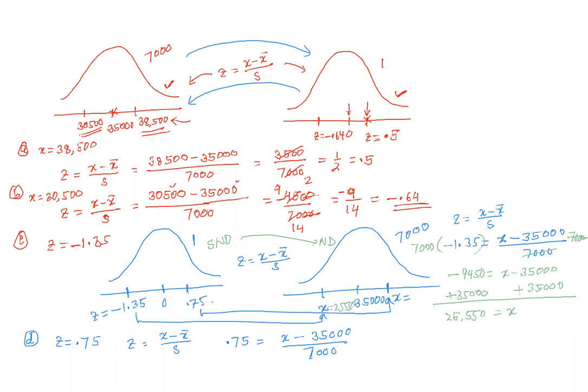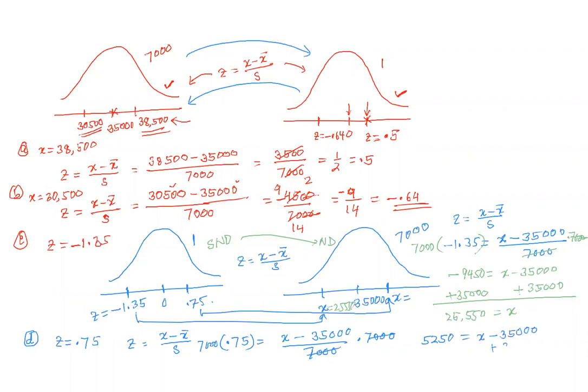So if you multiply both sides by 7,000, 7,000 times 0.75 is 5250. So 5250 is going to be equal to this, and these cancel out: x minus 35,000.